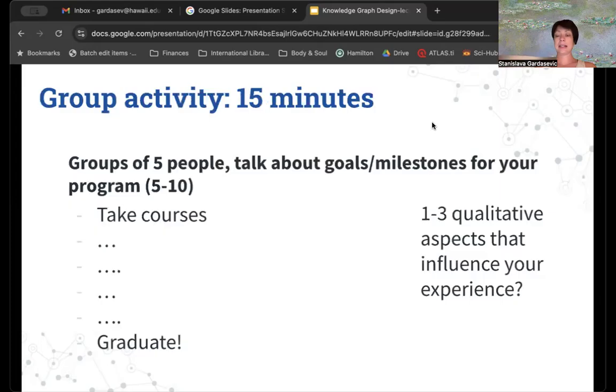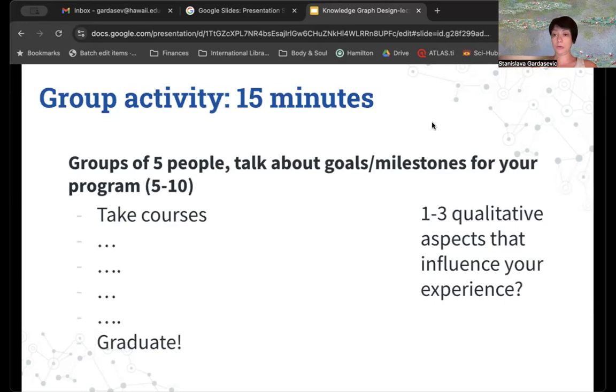And this next slide is intended to give you some time to think about, so you can do that individually, what are the goals for your particular program.